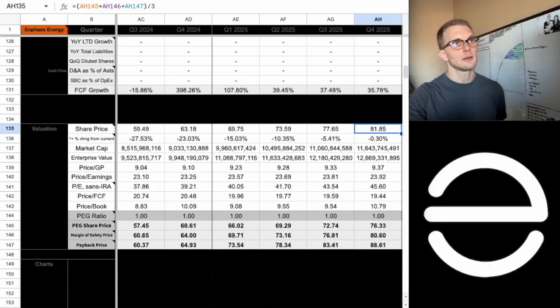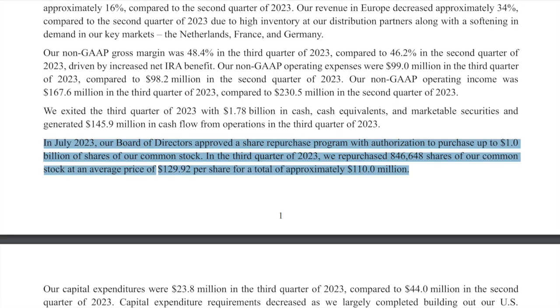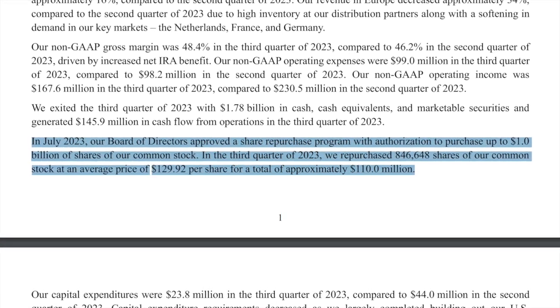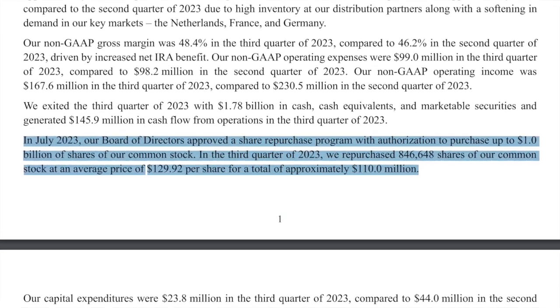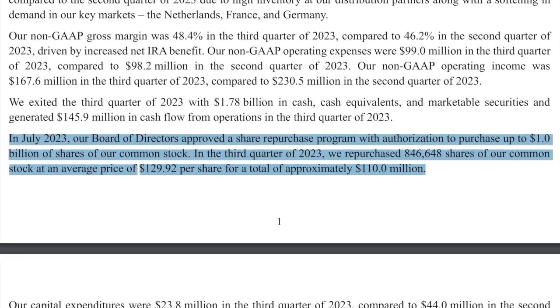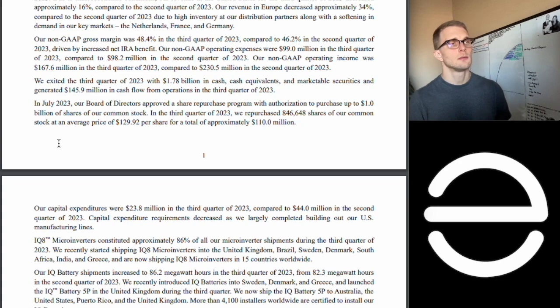Now we'll pair that with how much they have available for the share buybacks. Since July 2023, since the share buyback of $1 billion was approved, in the third quarter, Enphase purchased approximately $110 million worth of Enphase stock. So 1 billion minus 110 million, that's $890 million left for Enphase to be buying the dip.